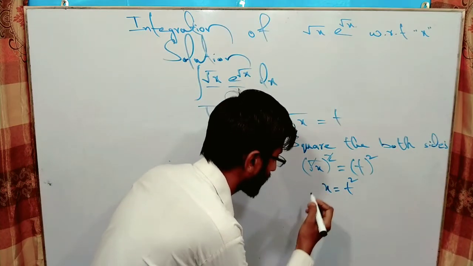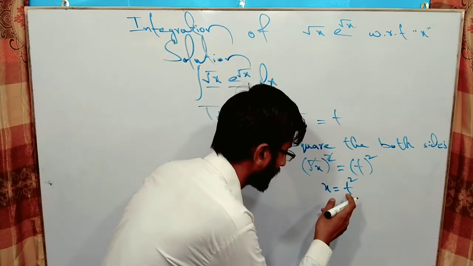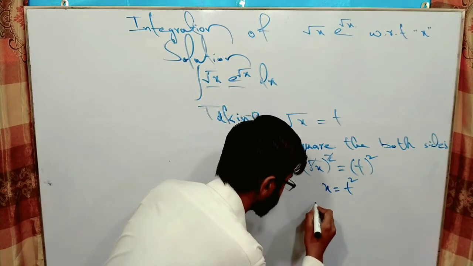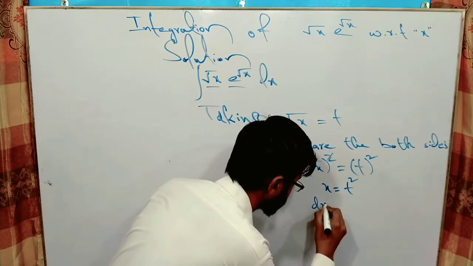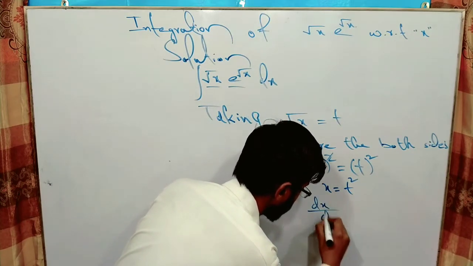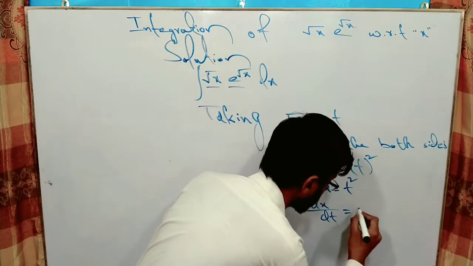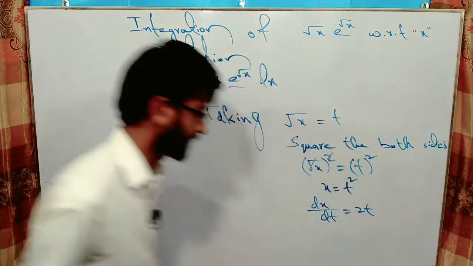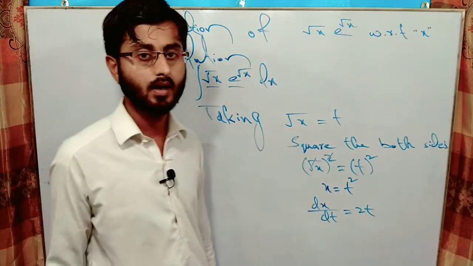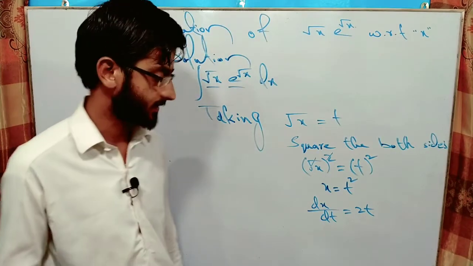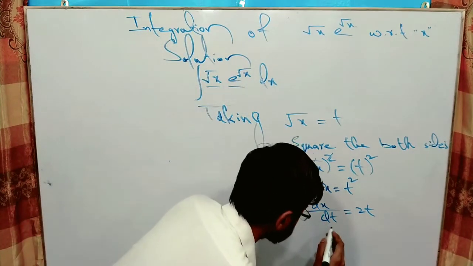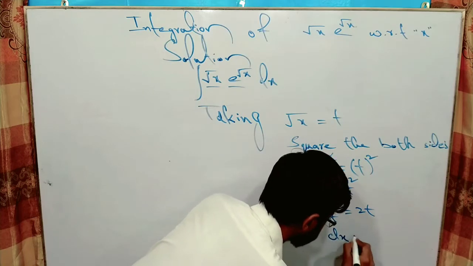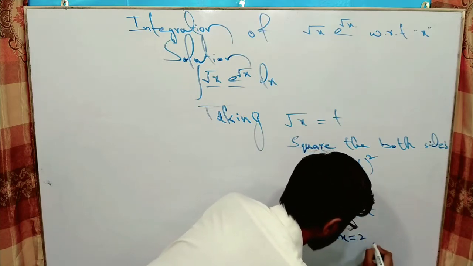Now derivative: dx upon dt equal to 2t. Here we take only the first derivative.